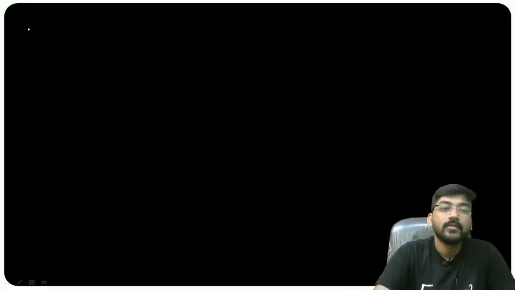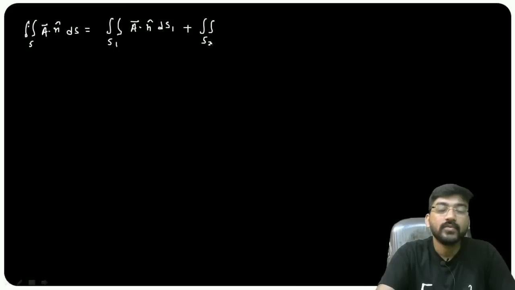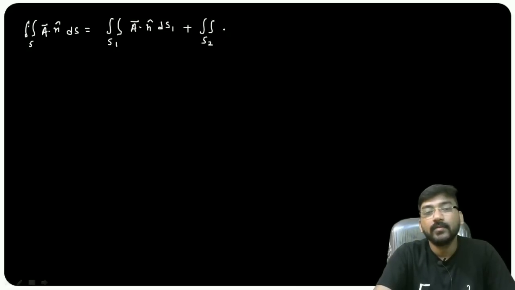Surface integration a dot n cap ds can be written as first surface S1: a dot n cap ds1, plus surface integration for S2 surface, a dot n cap ds2, and then for S3 surface, a dot n cap ds3.